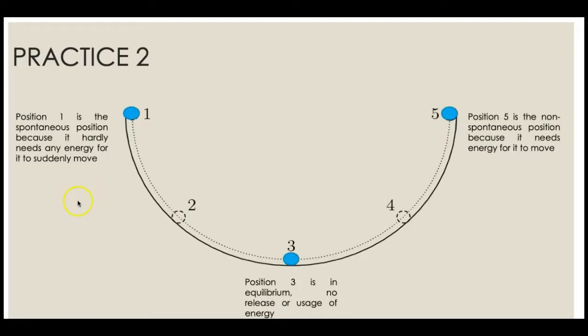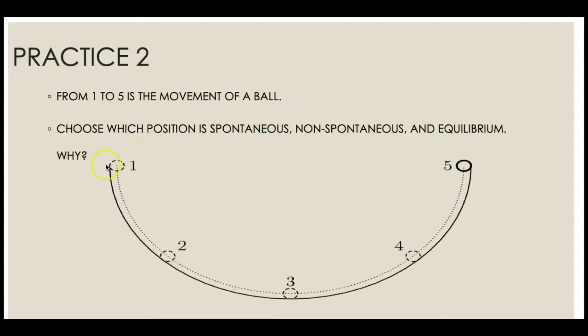When the ball is at position 1, it has the highest potential energy. So it doesn't need any energy, or just a little bit of activation energy, for the ball to drop and go into the U form.